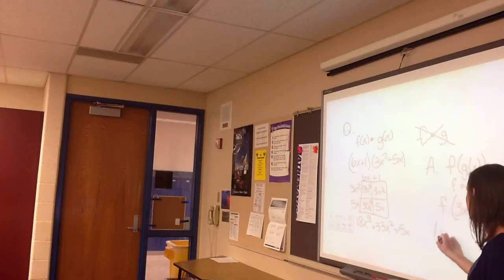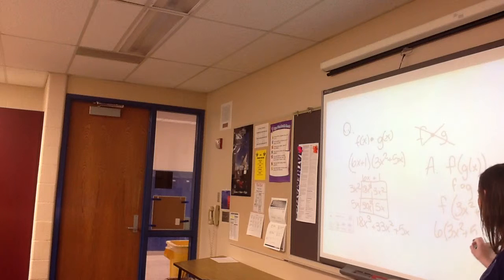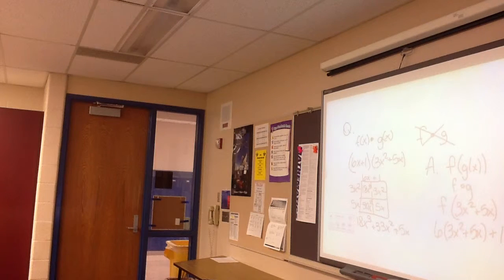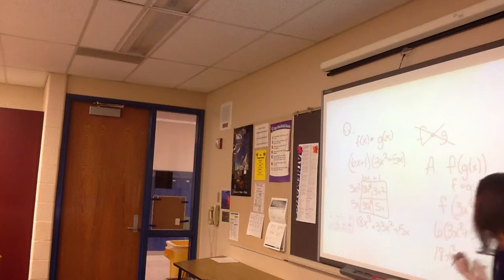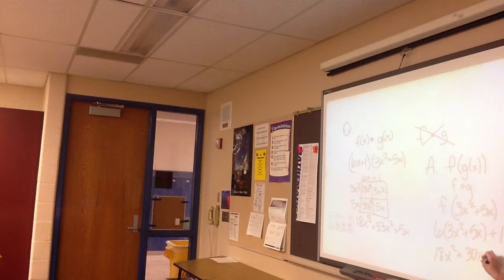We're going to take 6 times this value for x plus 1. So we distribute here. There's no area model needed since it's one term. You get 18x squared plus 30x, not 5x. Plus 1.